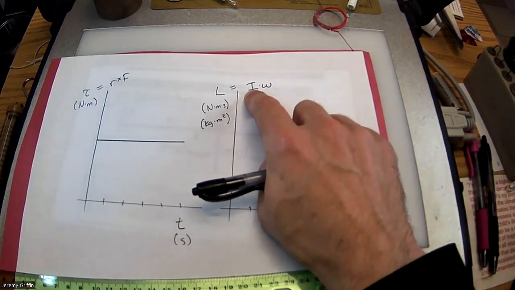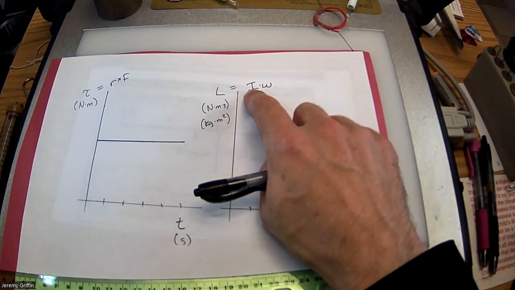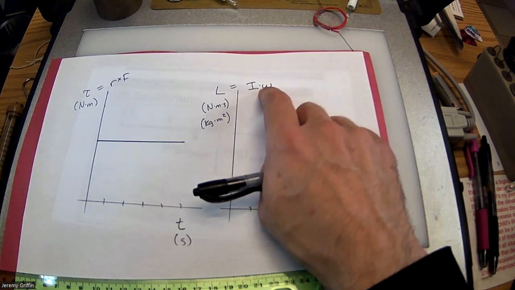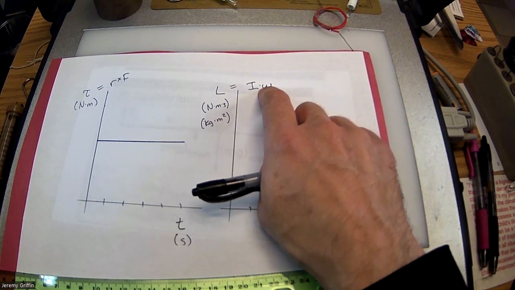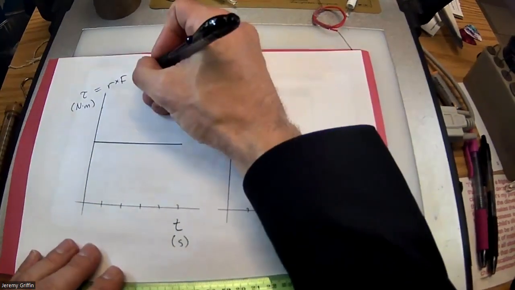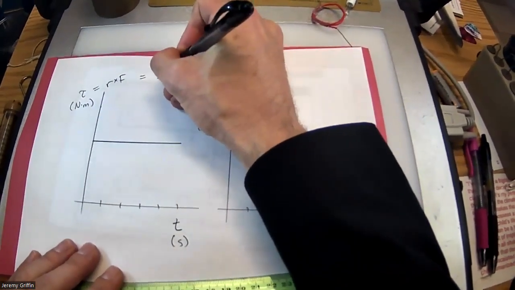And is rotational inertia constant? Yeah, that'll be constant, especially if they say the string has negligible mass. If the string has mass, then it's decreasing a little bit. But if the string's negligible mass, that's constant. But that angular velocity is increasing. In fact, it should be increasing at a constant rate because the torque is constant, and torque is equal to I times alpha.